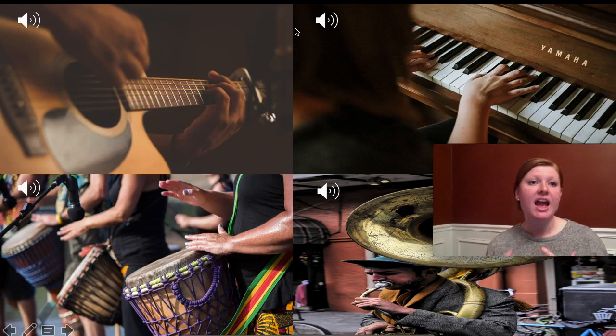How is the vibration being made in each one of these instruments? That is what you're going to have to do on your next task. You're going to have to match the instrument with how the sound is produced. So let's go ahead and use our observation skills and our listening skills to figure out how the sound might be produced on each one of these instruments.